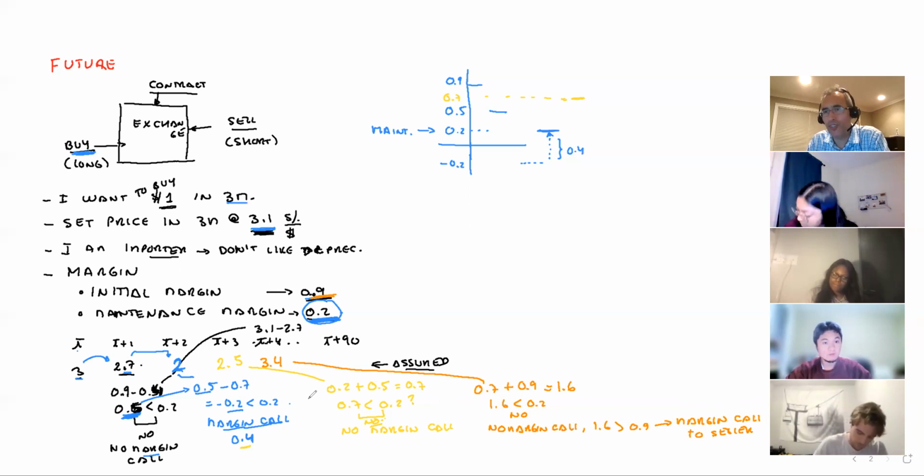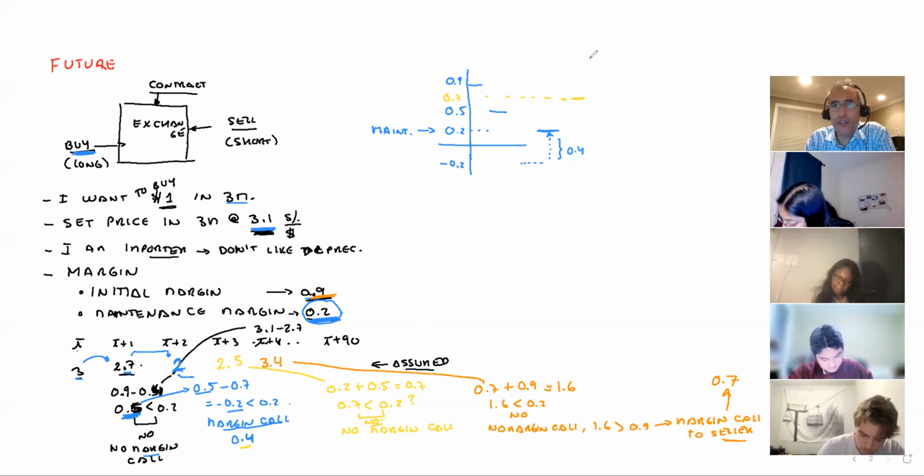Do you agree? So now the one that wants to close the position, that wants to simply disappear from the position, is the seller. Agree with me, guys? So the seller now is going to have a margin call. And this margin call is going to be for the difference. Okay, so the seller is going to have a margin call just to make it back to 0.9. So basically a margin call of 0.7. Agree with me?